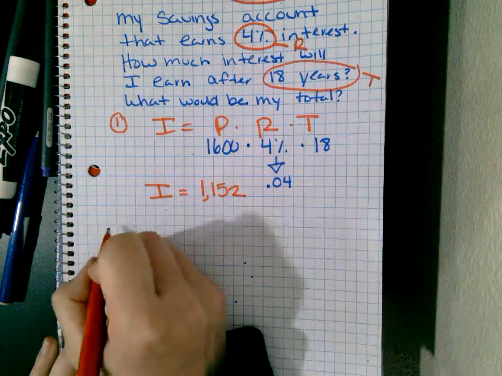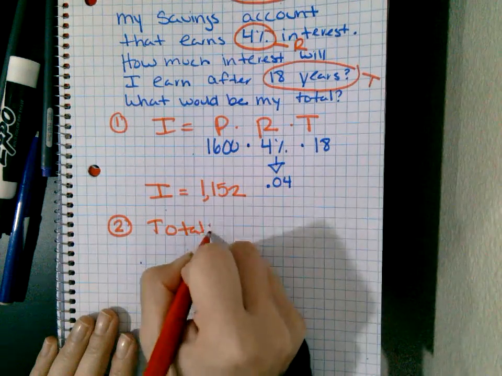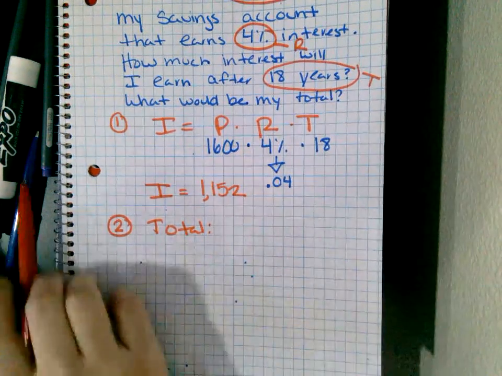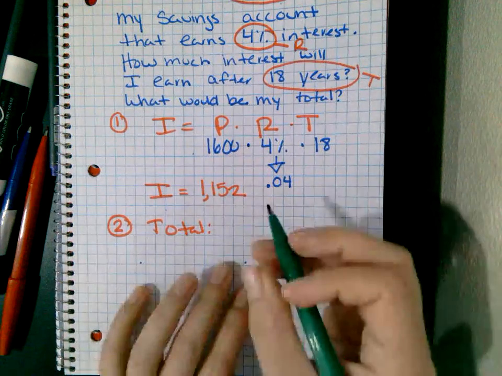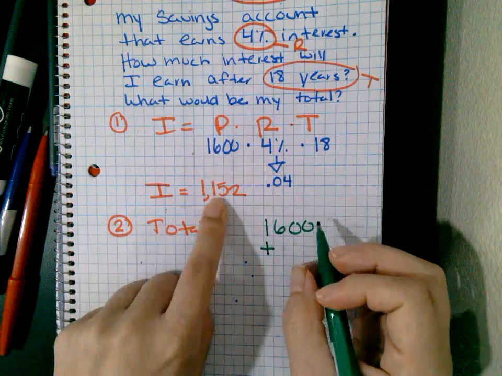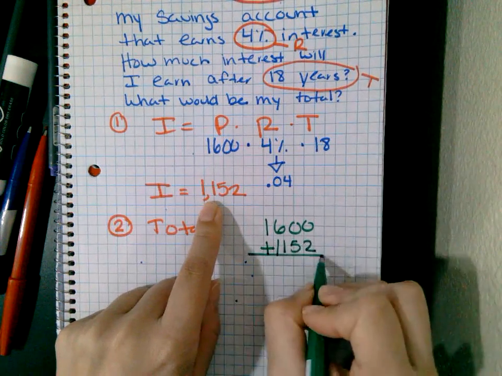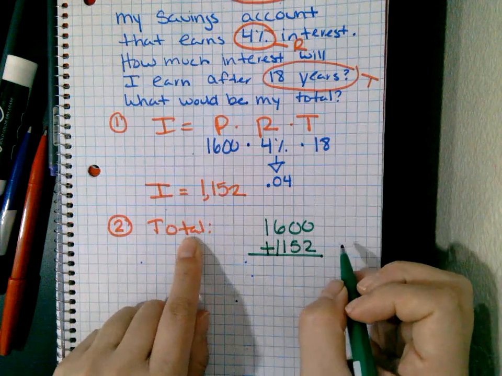Okay, now step number 2, we're going to find our total. To find your total, you take your principal, which is $1,600, plus what did you get for your first answer? Oh, I got 1,152. So you add those to get your total.